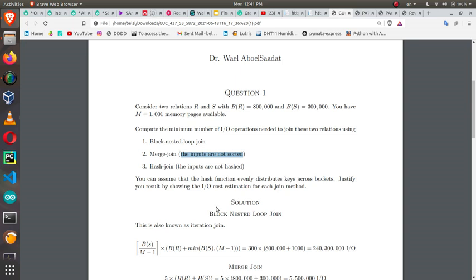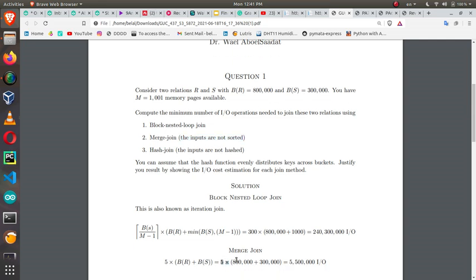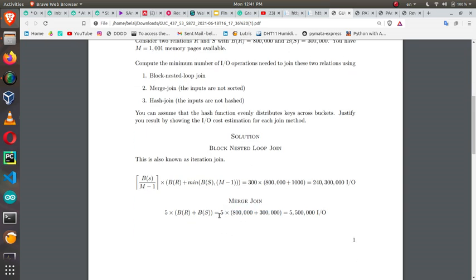Loading both relations after the sorting will cost us extra IO per block. So let's multiply 5 times the total number of blocks of both relations R and S. So 5 times 800,000 plus 300,000 gives us 5 million input-output operations. And in this case, the merge join is much better than the iteration join.